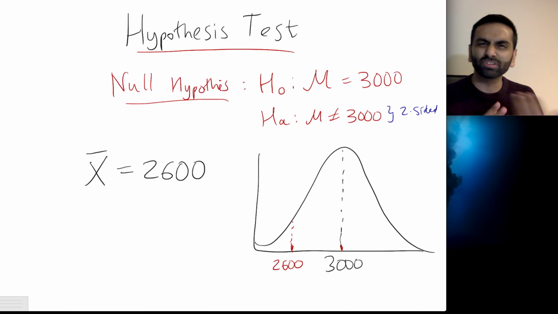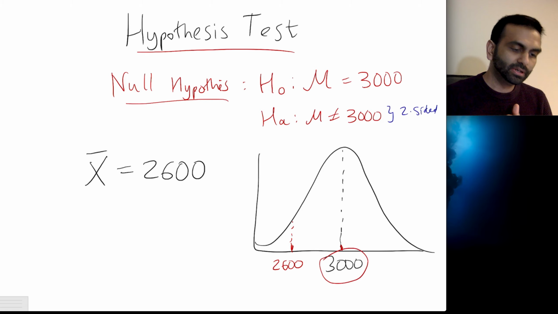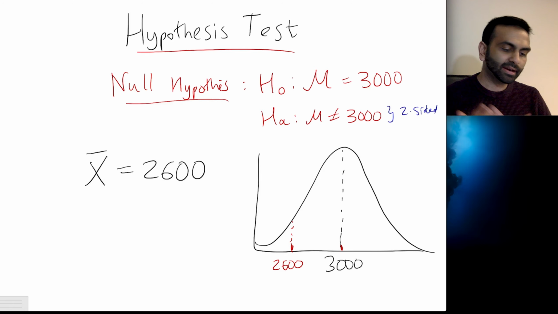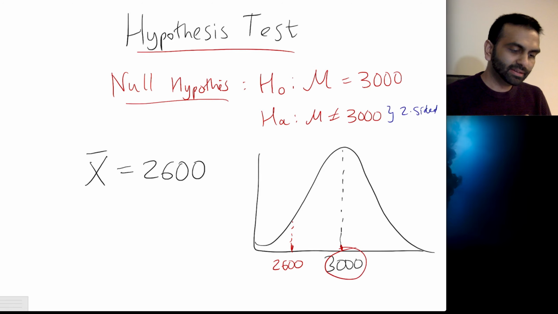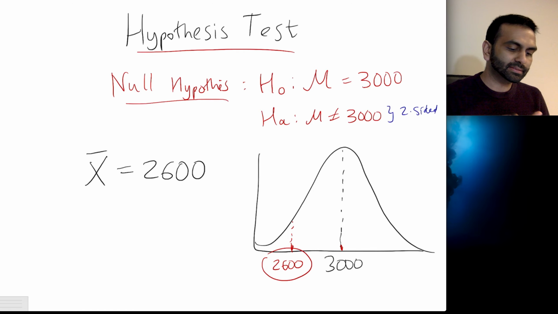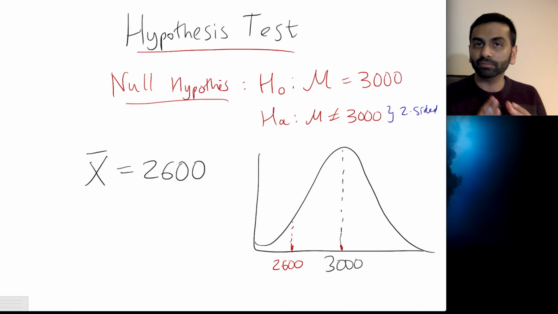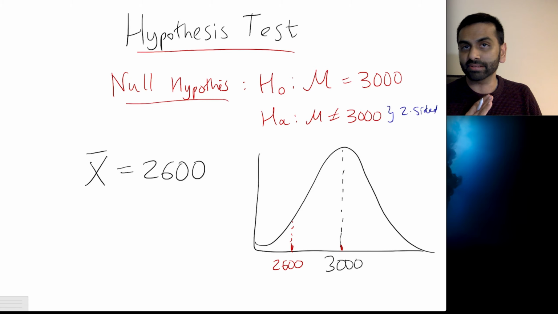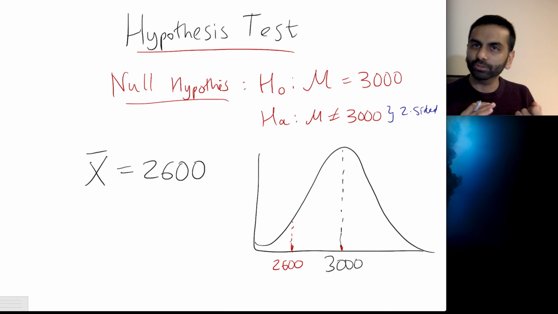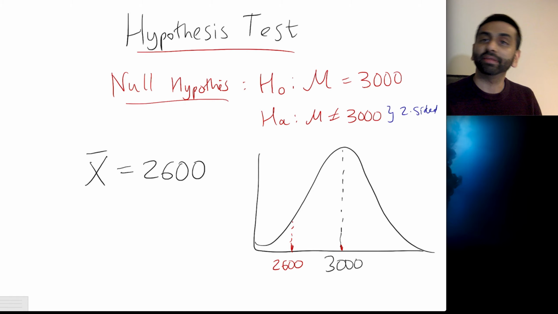So what's the probability? Again, it's possible that the true value is 3,000. The hospitals that I chose maybe were the ones with the fewest beds, and if I really got all the hospitals, more beds would be left, and the average would be 3,000. So it might just happen that I got a crazy sample. But the question is, how likely is it? How likely is it for me to get a value that's that far below the guess?